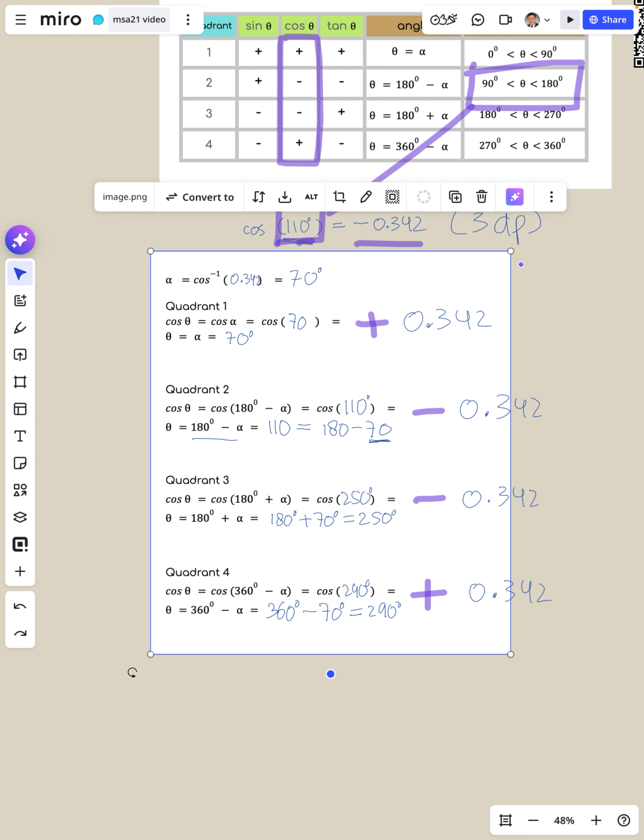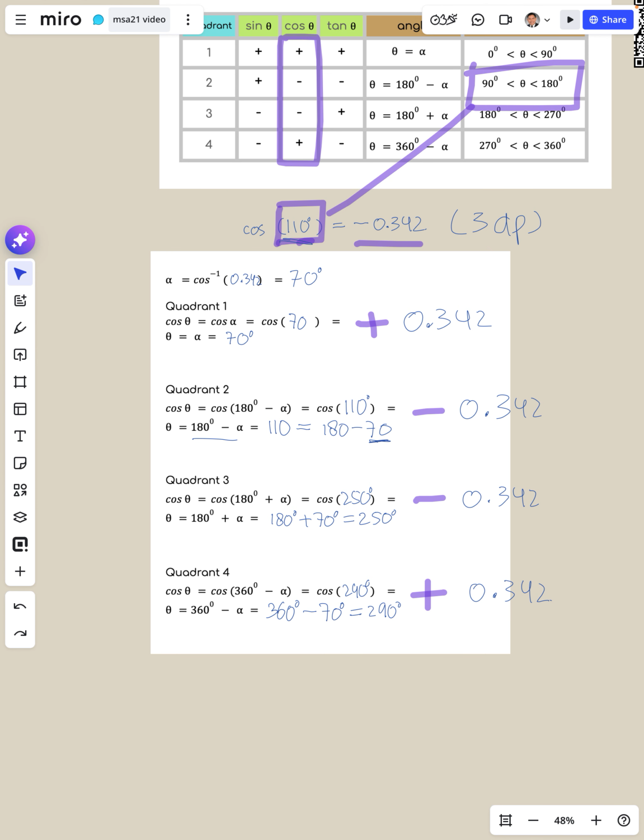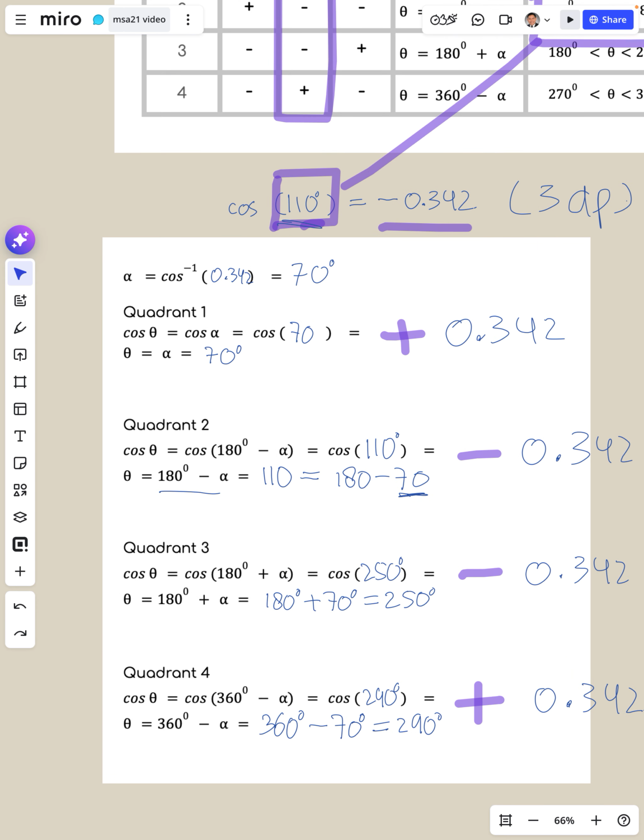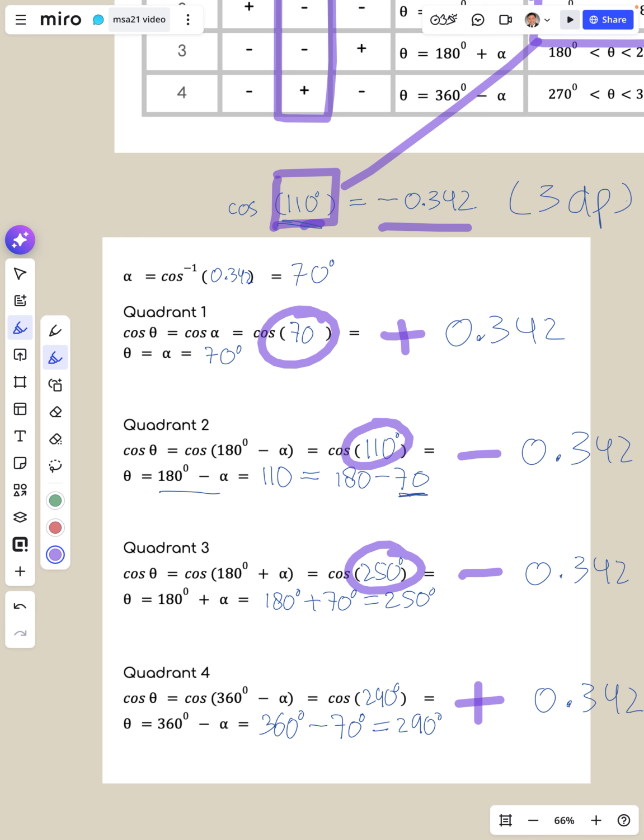That's it. We found all the other four angles. In quadrant 1 it is 70, in quadrant 2 it is 110, in quadrant 3 it is 250, and in quadrant 4 it is 290.